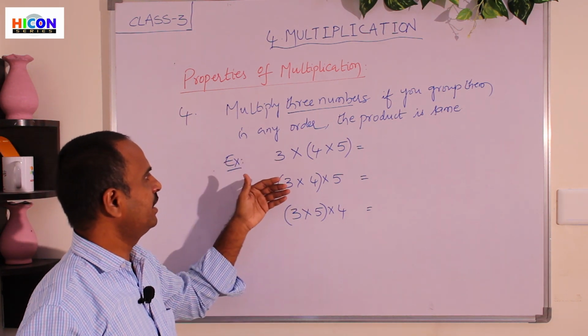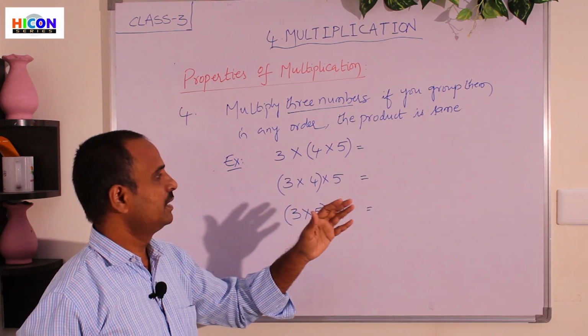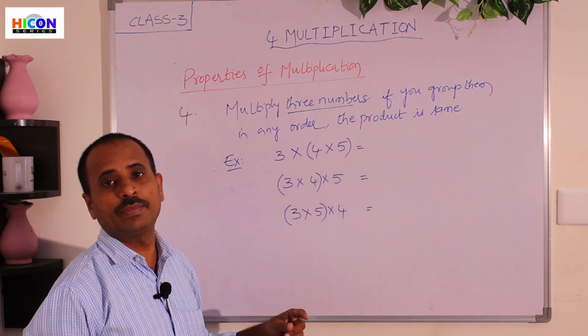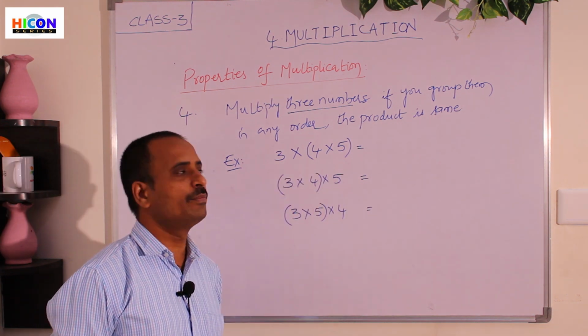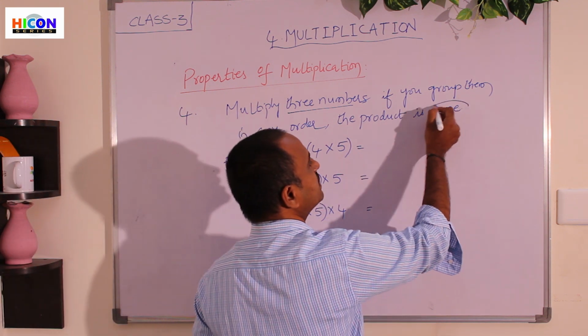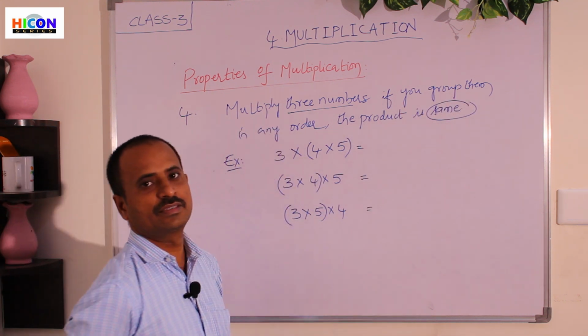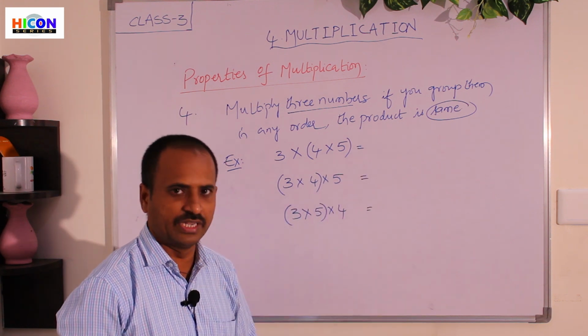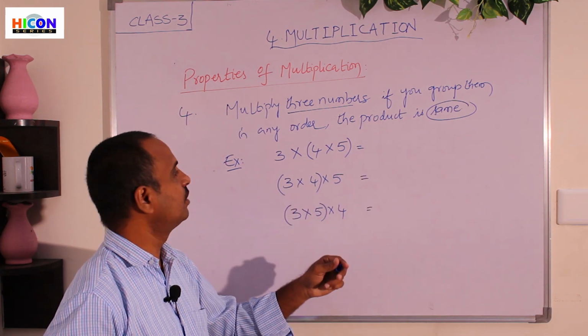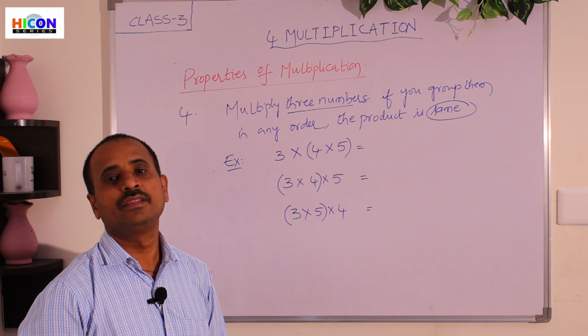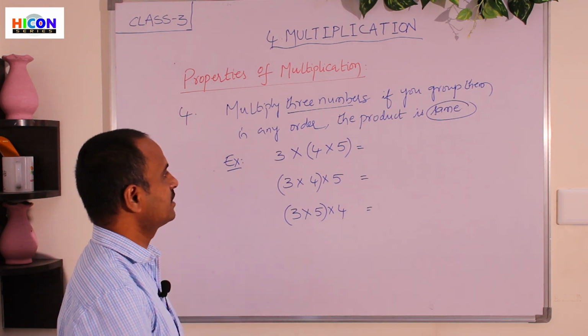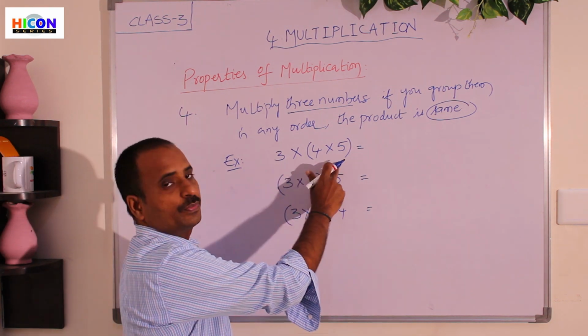So in this way, if you multiply three numbers and group any two of them, the product will be same in each case. Let us find out the answers for these three products.